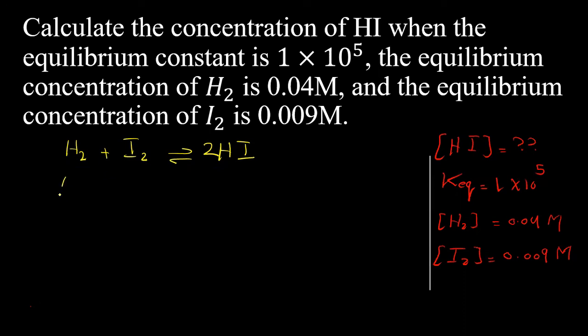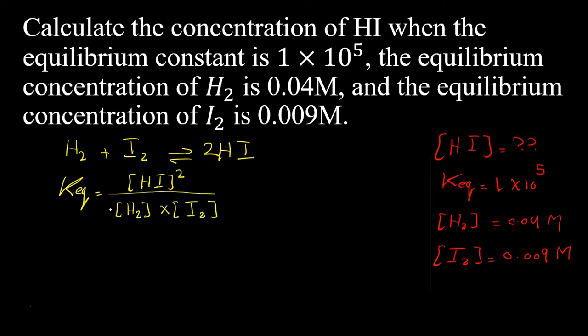After that, I'll write K equilibrium. K equilibrium equals the concentration of product divided by the concentration of reactant. So here you have hydrogen iodide concentration raised to the power 2 divided by hydrogen concentration multiplied by iodine concentration.